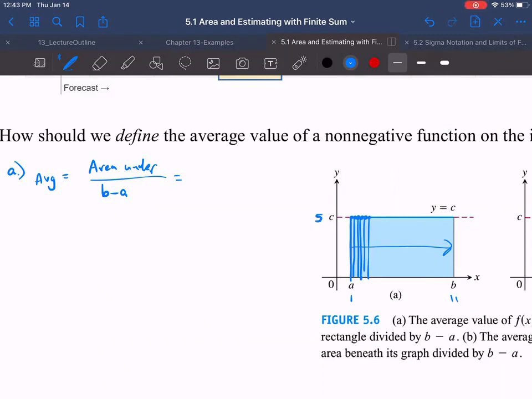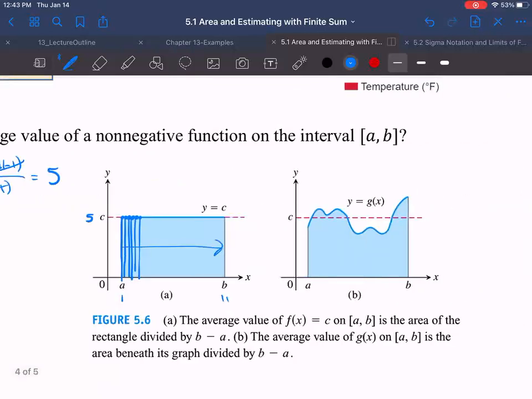Well, then my average value is going to be that area underneath, which is going to be 5, the height, times the base, which is 11 minus 1, over top of 11 minus 1, because that's that length I did. Which is going to be 5 right there, and that's all that's left, because the 11 minus 1 and the 11 minus 1 cancel. And so in that one, it's pretty straightforward. The average is going to be 5, because all the values there have that same value.